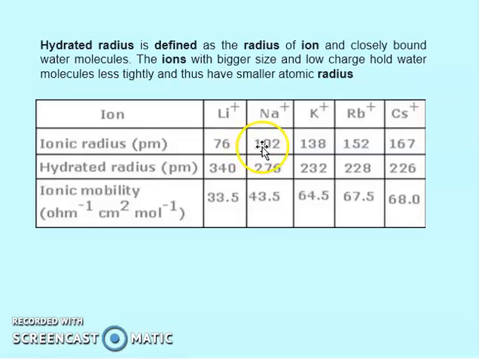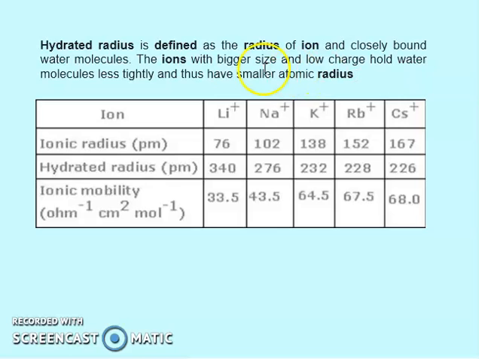Here, increasing the ion radius decreases the hydrated ion radius. The hydrated ion radius is defined as the radius of the ion plus closely bound water molecules. The ion with bigger size and low charge holds water molecules less tightly and thus has a smaller hydrated radius.